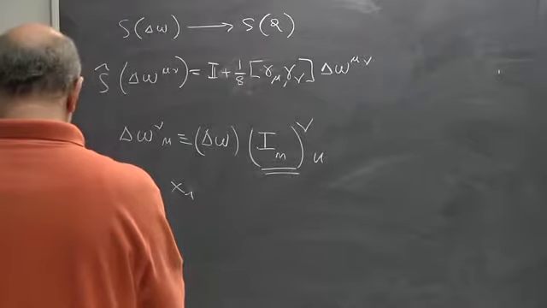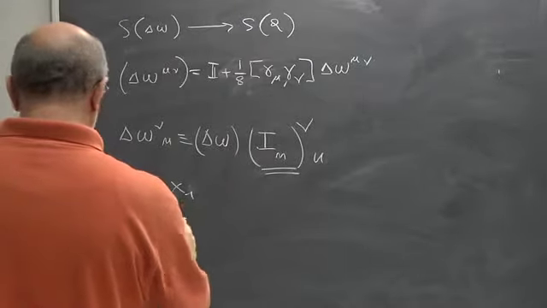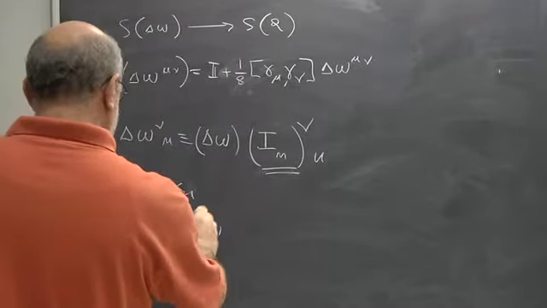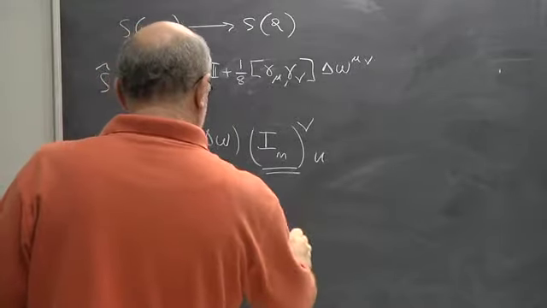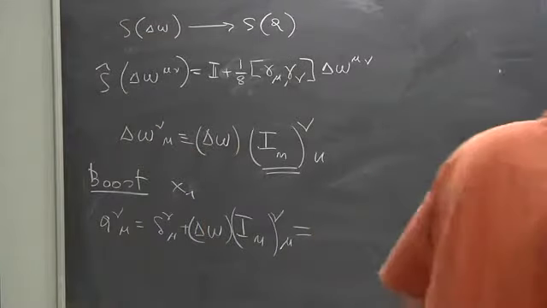Okay, in the case of the boost, we have delta nu mu equal delta nu mu plus delta omega I(n) nu mu, but how was it? Sorry, the other way around.